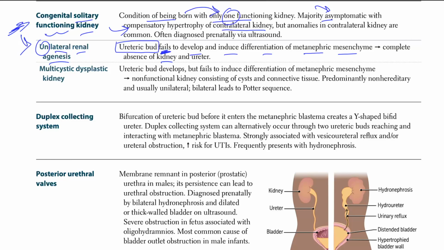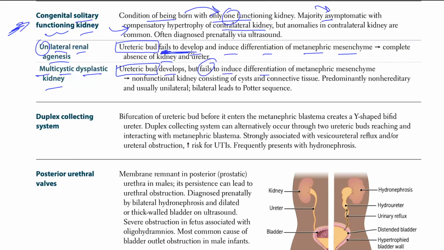And the second thing we are looking at is the multicystic dysplastic kidney. Again, we have the ureteric bud which develops but fails to induce differentiation.